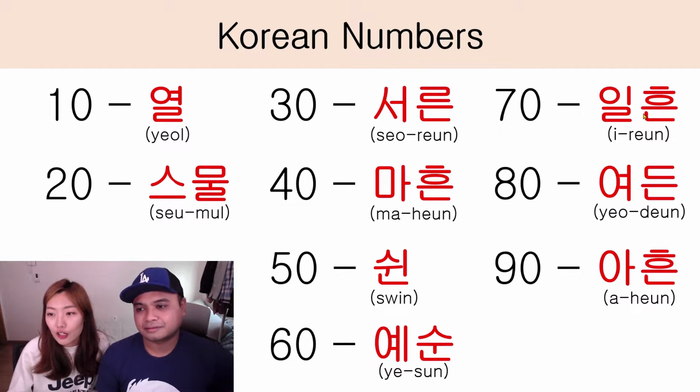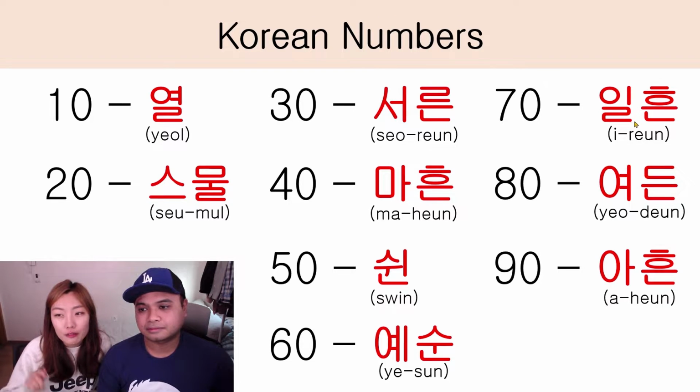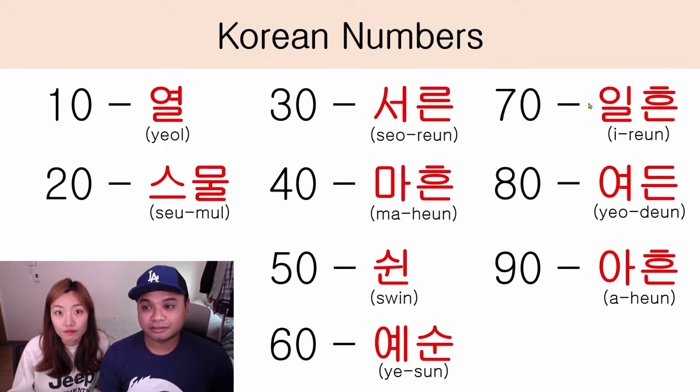But for this word, if you say it without the H, it has another meaning. So for clarity, some people use a strong pronunciation of the H, to let you know that they're saying 70.